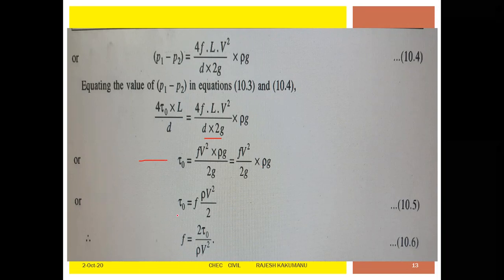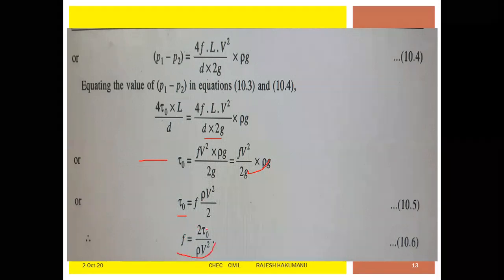Then tau 0 is equals to f into rho V square by 2. Here, when we cancel G and G, we are getting tau is equals to f into rho V square by 2. Therefore, frictional factor f is equals to 2 into tau 0 divided by rho into V square, right?